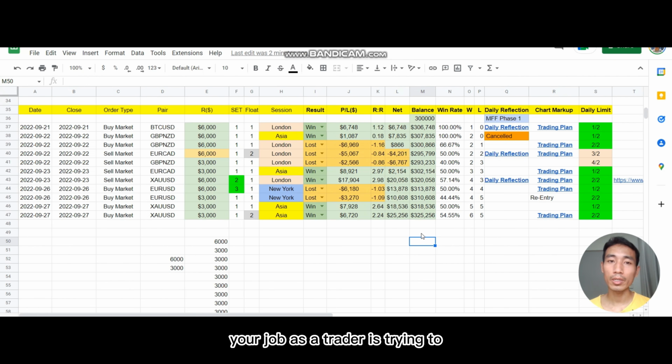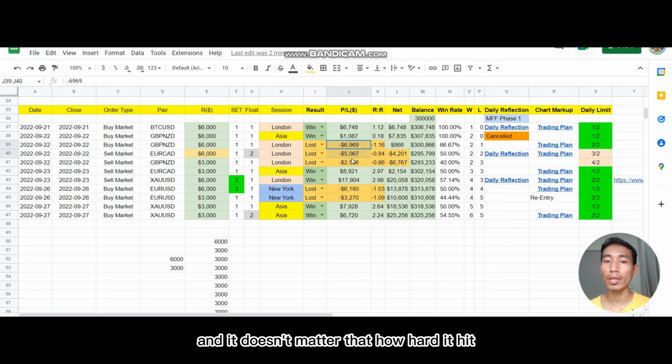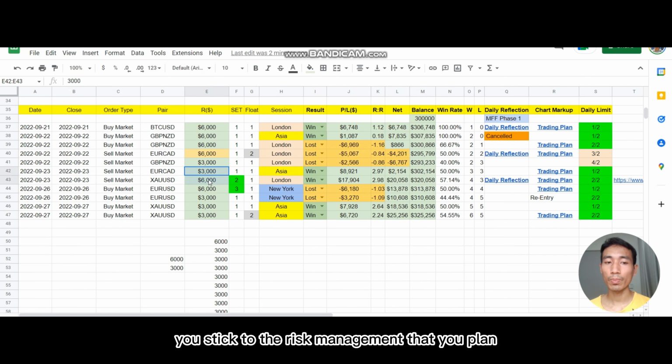Your job as a trader is trying to stay in the path, and it doesn't matter how hard it hits you right here. You stick to the risk management that you planned.